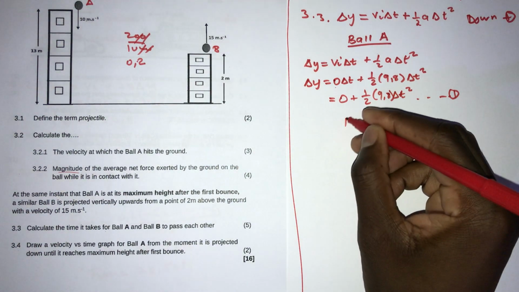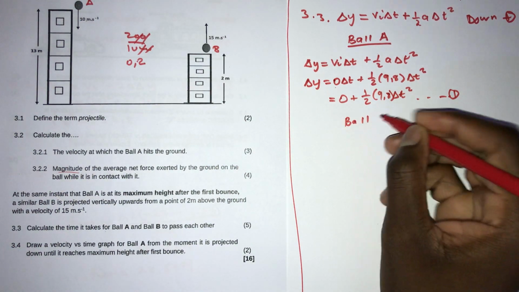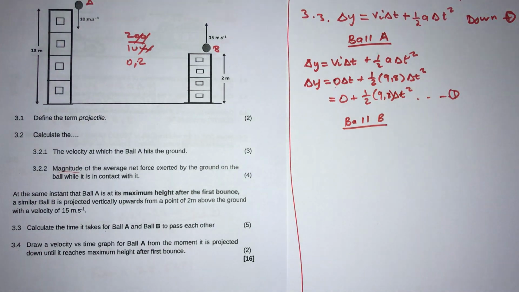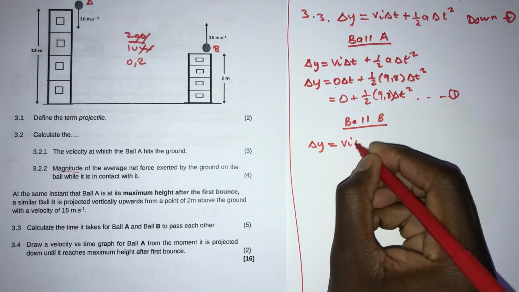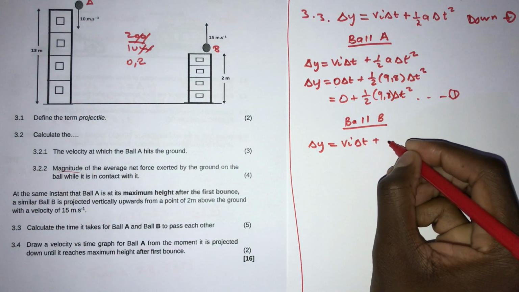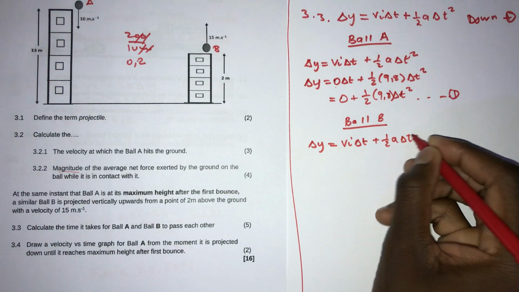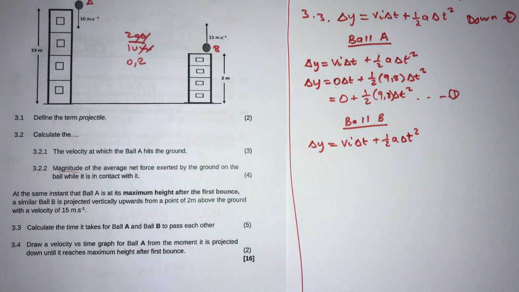And then now for ball B, we're using the same formula. So this is the change in y, VI, the change in time, plus 1/2 A, change in time squared. So now for ball B, it was 2 meters above the ground, but ball A, they said, was 30 meters above the ground after the first bounce.